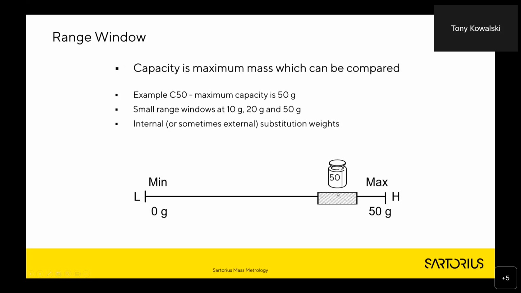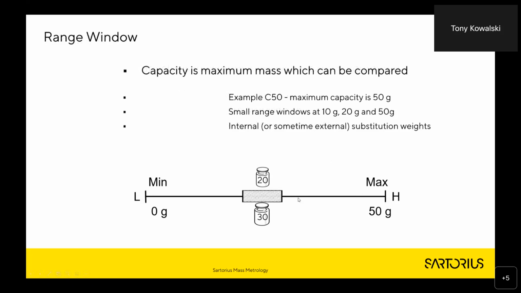Now that works for 50 grams. If we want to test a 20 gram weight, then this comparator would need an internal substitution weight loading of 30 grams.